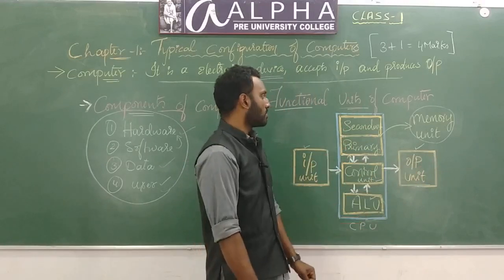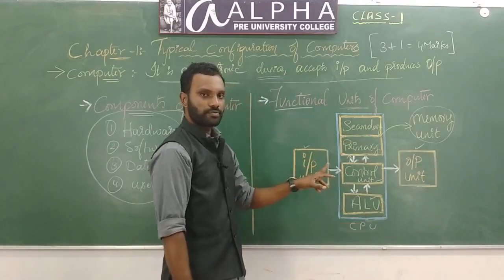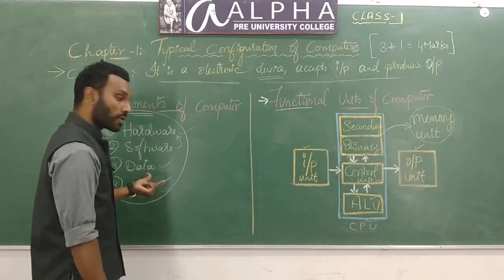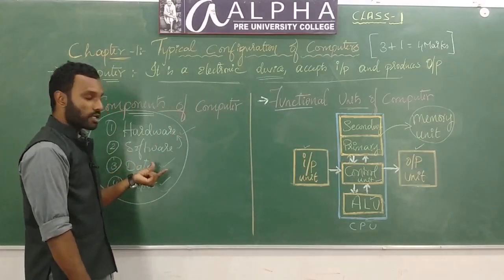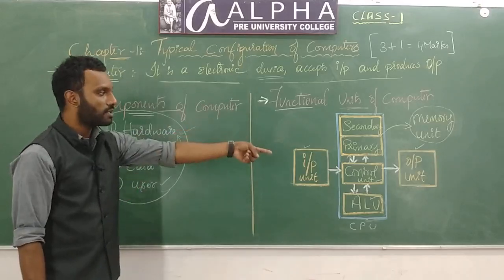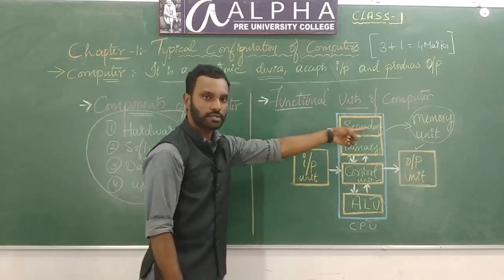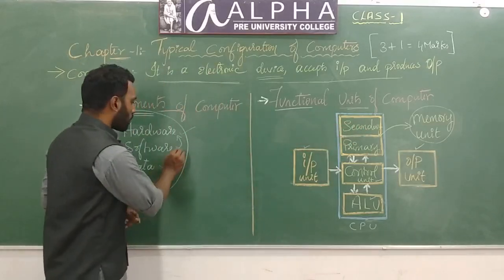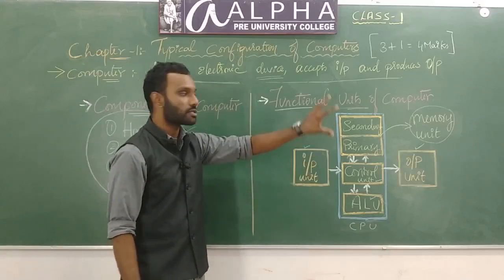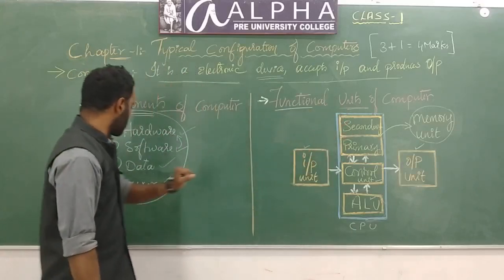Now using these units, how does a computer work? These are the components very much required to make a computer work. Using these components, I derived functional units. Software, hardware: input devices, output devices, and CPU are the hardware things.